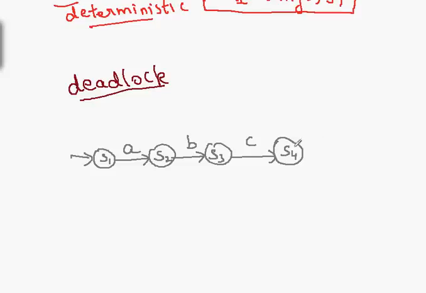Now I say that at S4 there is a deadlock. The deadlock in a labeled transition diagram is indicated by a state which is not a final state, and the state which has no transitions to other states.